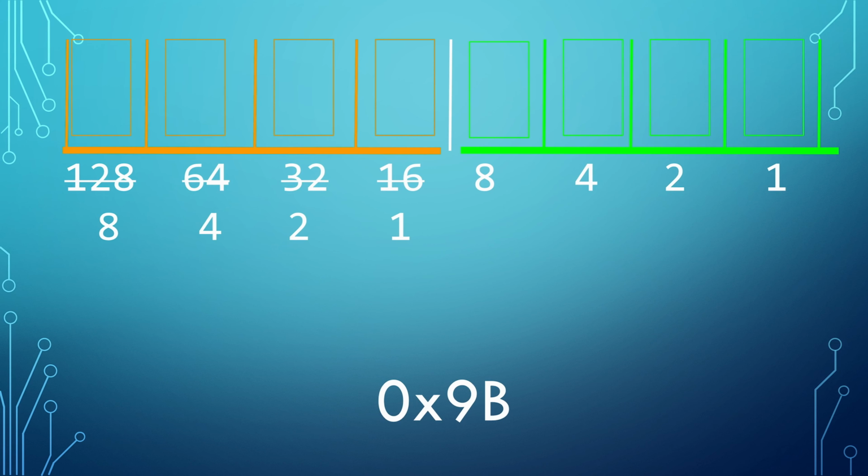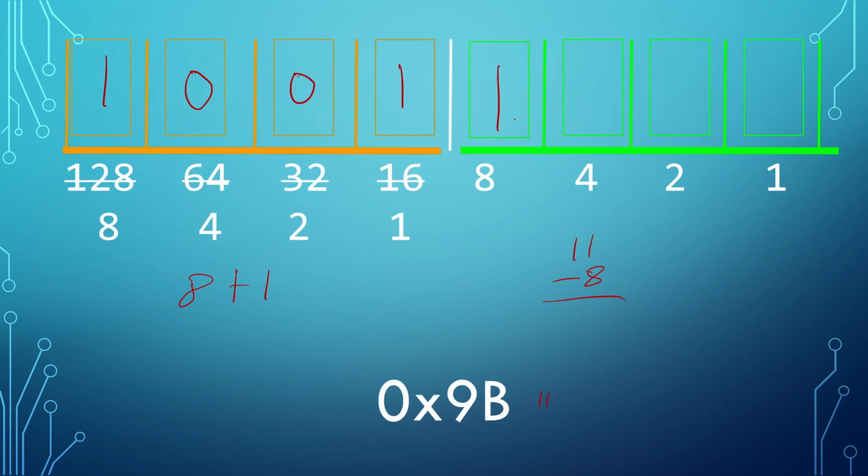Try it for 0x9B. Well, 9 is 8 plus 1. 1, 0, 0, 1. I know I kind of rushed through that, but 9 is 8 plus 1. There we go. What about B? Well, B is going to be 11. What is 11 minus 8?